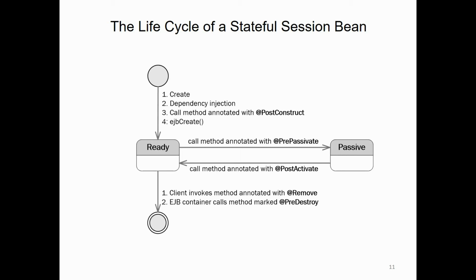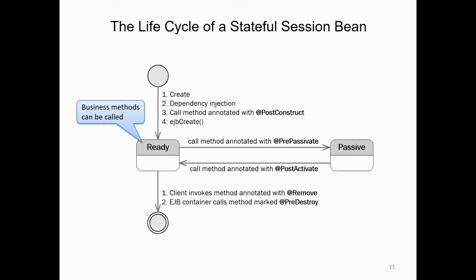The next thing that happens is that a method that has been annotated PostConstruct will then be called. That allows us to do any processing that is to occur before the bean becomes available for use by the clients. And then EJB create is called. When that's done, it is considered to be in the ready state. It can accept business method calls. The clients can use it.